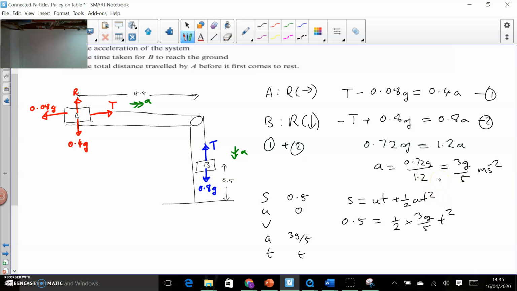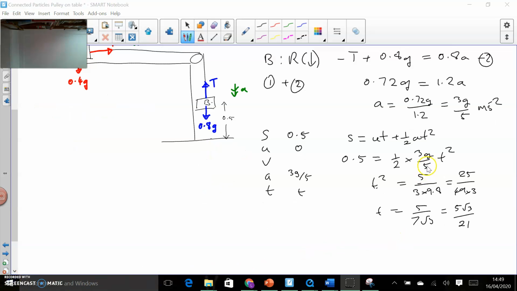Which means that if we substitute g as 9.8, we'll have 5 times 9.8 over 3 equals t squared.